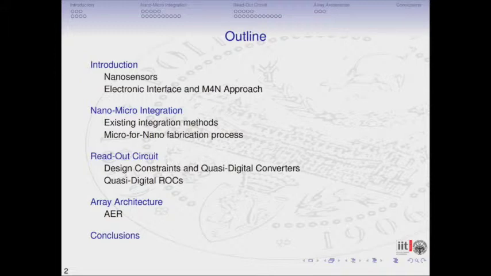And then I will focus on the three main topics: the integration of nanomaterials on microelectronics, the design of low-power readout circuits, and how to organize the readout circuits and nanomaterials in high-density arrays on chip.